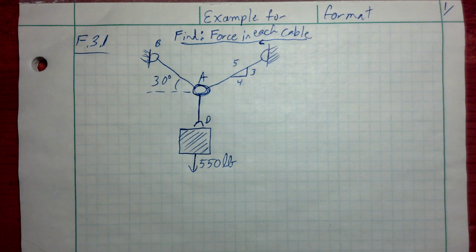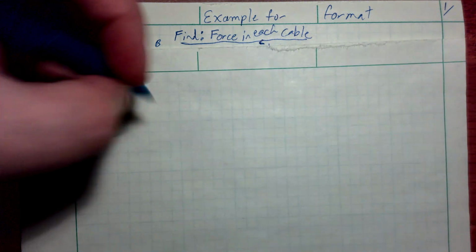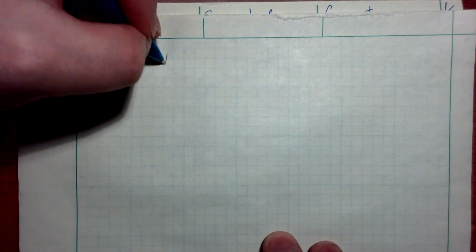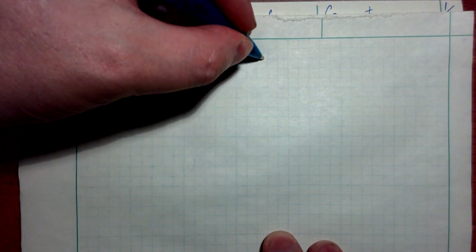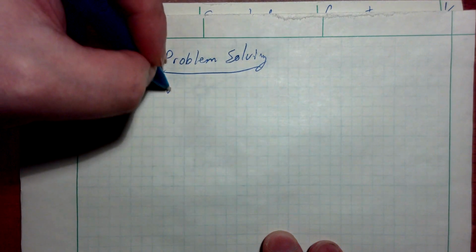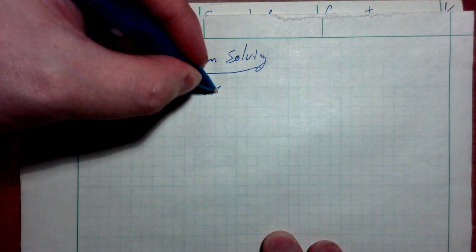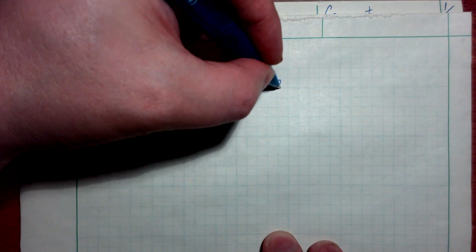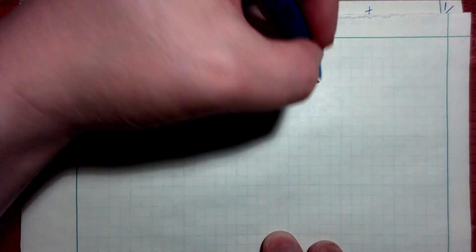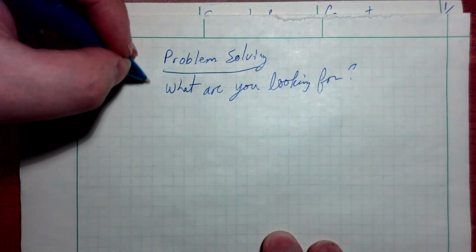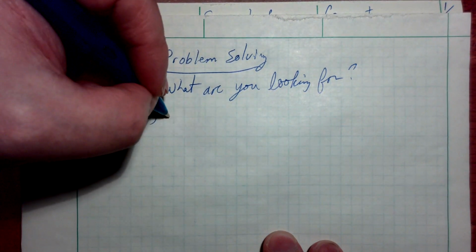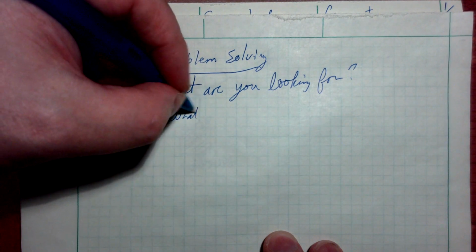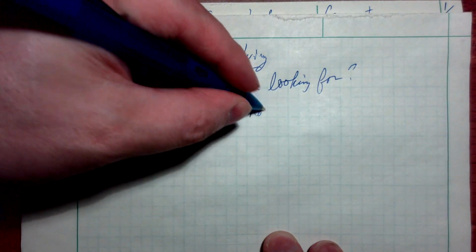Now, what you really want to be able to do is basic problem solving. Number 1, what are you looking for? Number 2, what is known?